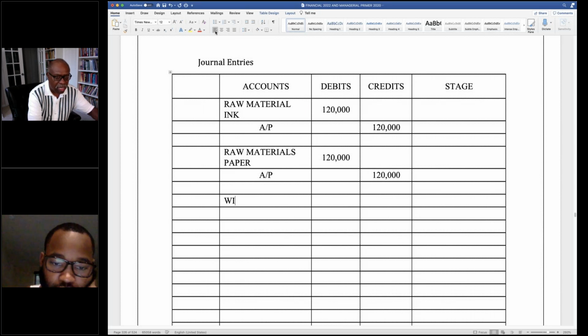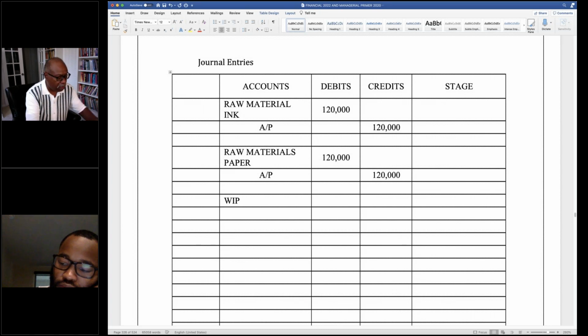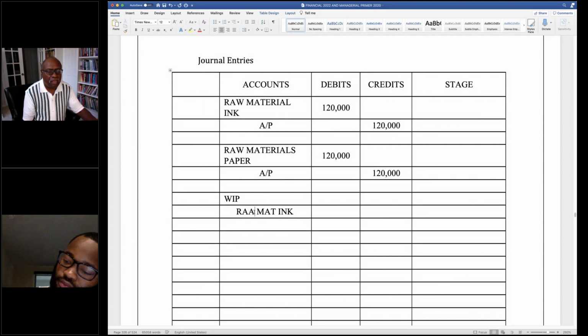We're going to debit work in process, and we're going to credit the raw materials ink. And how much is this going to be? 100,000.